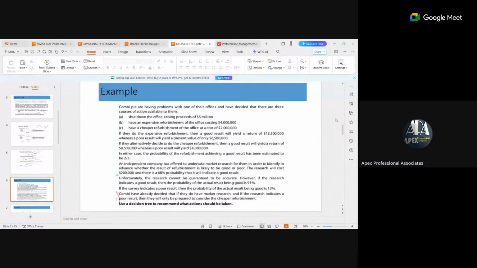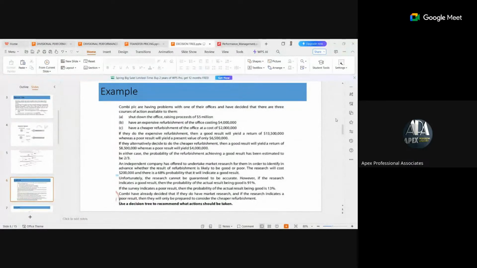Expensive refurbishment has 2 options, either good or bad. When you are drawing the tree, expensive will have 2 chances, good or bad. So if they do expensive refurbishment, then a good result will yield a return of what?